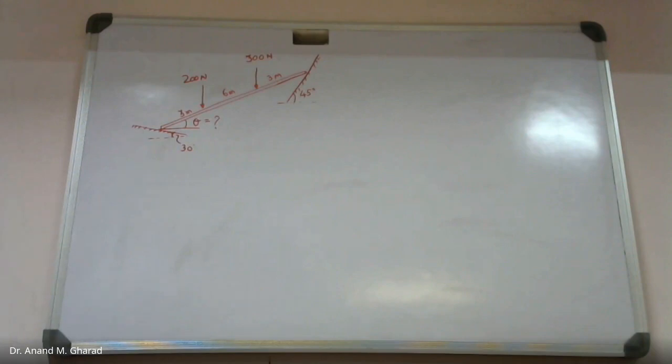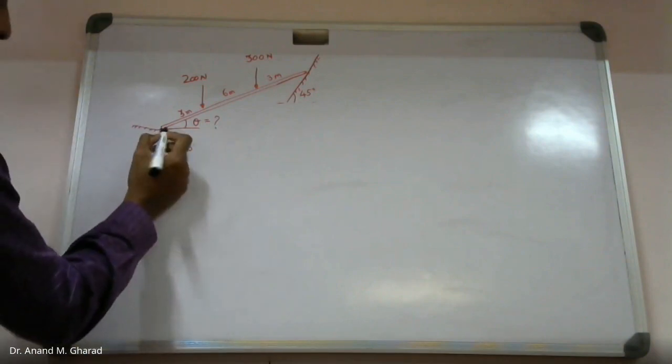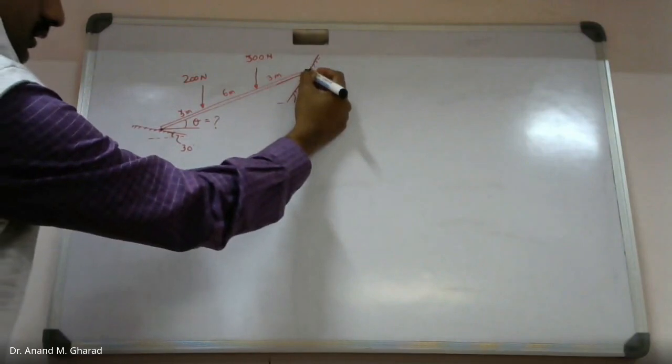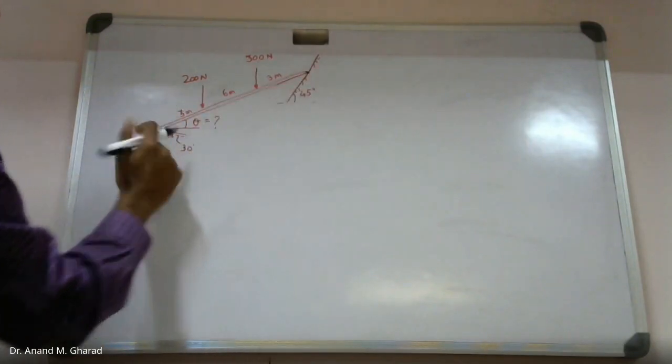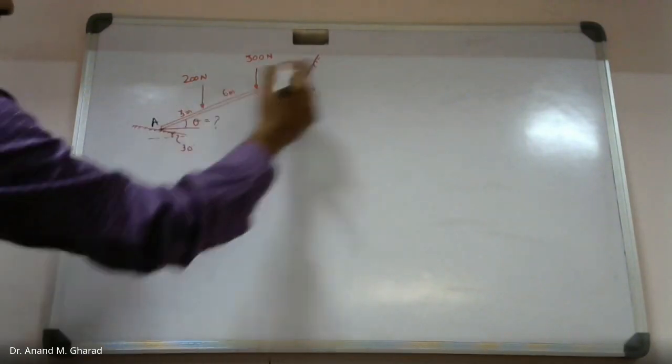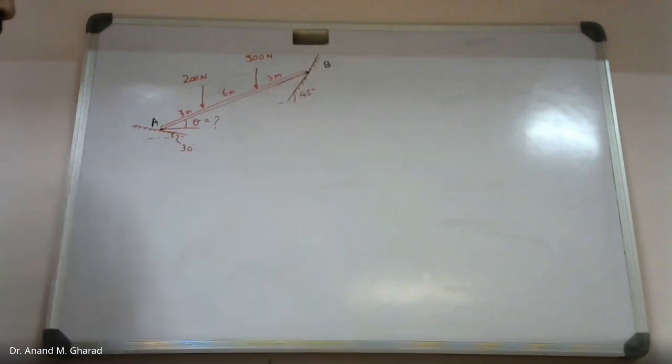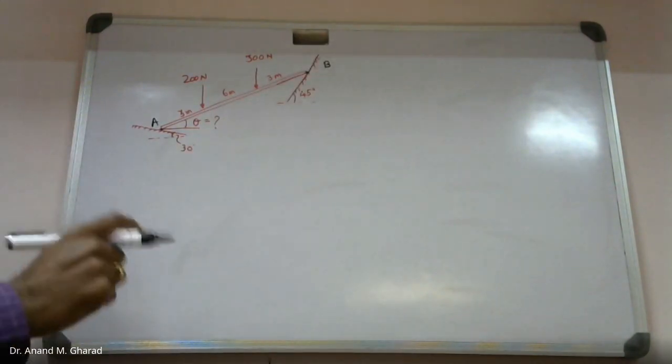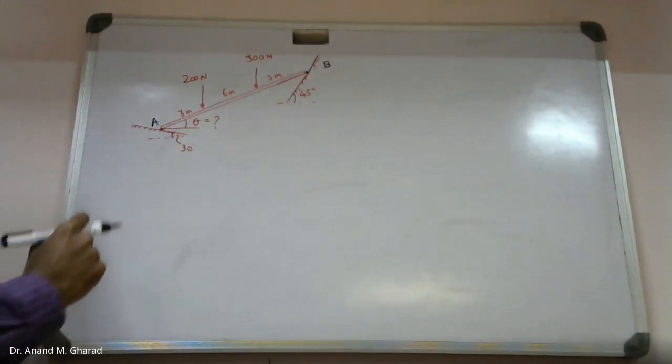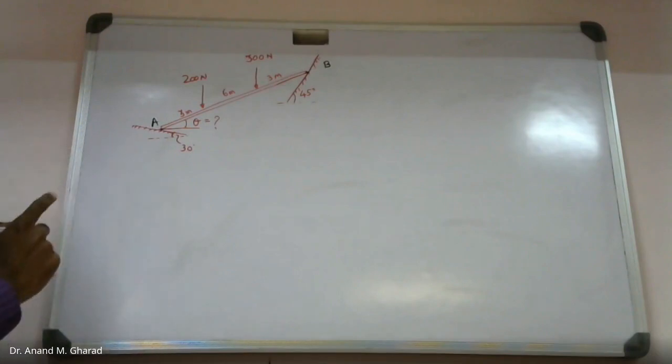So the thing is, you are supposed to identify the forces which will be developed at various locations. So you can see this bar is in contact at 2 locations. First point, let's say point A and point B. Okay, and over here you will expect reaction forces.